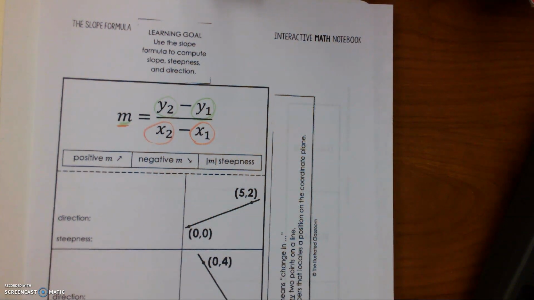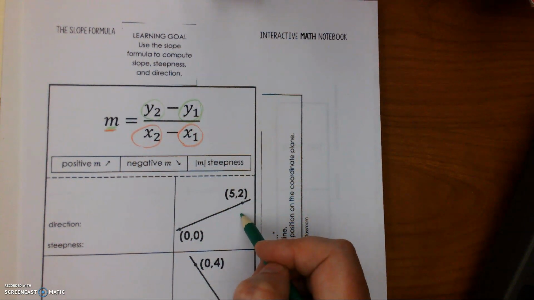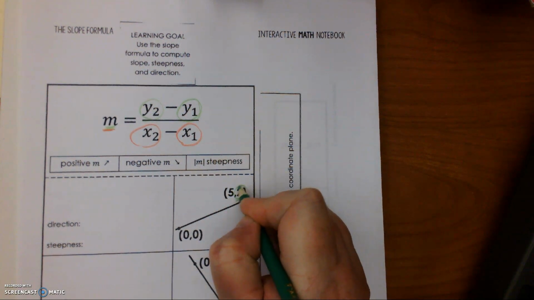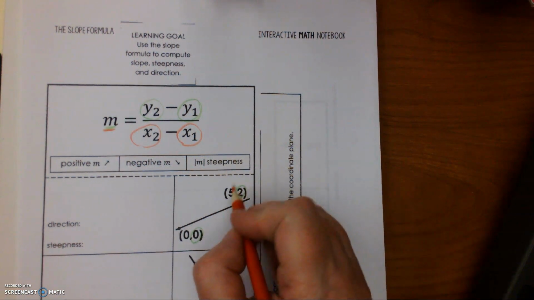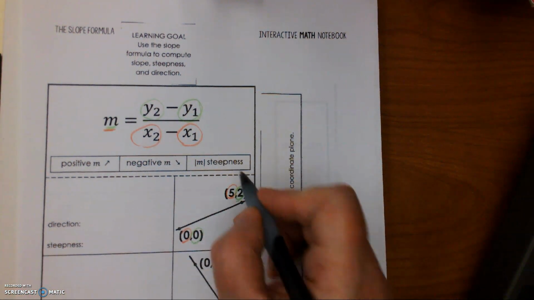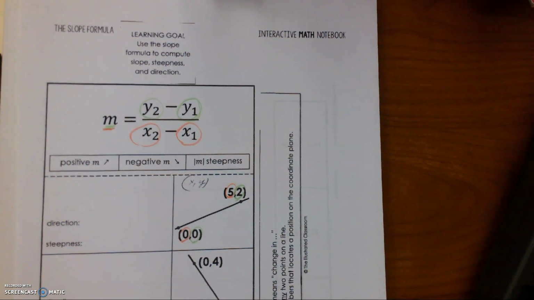Okay, so first we have our two points here, 5, 2 and 0, 0. So we know that the y's are the second set of digits because remember, coordinates are x, y. Okay?